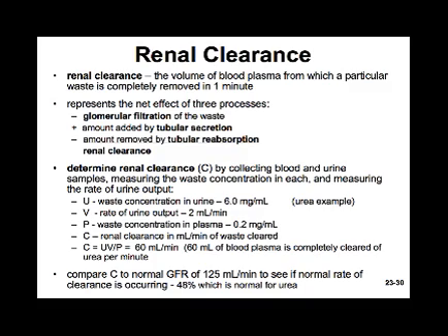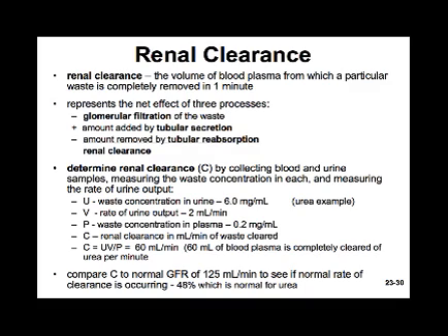And we'll divide that by P, the waste concentration in the plasma, which is milligrams per milliliter, leaving us with 60 milliliters per minute. And that means 60 milliliters of blood plasma is completely cleared of urea per minute.